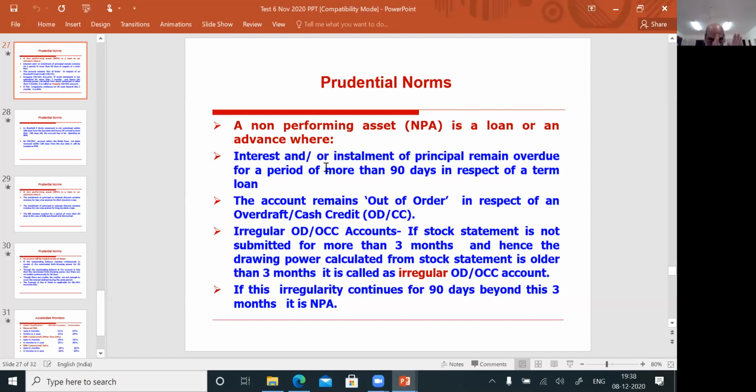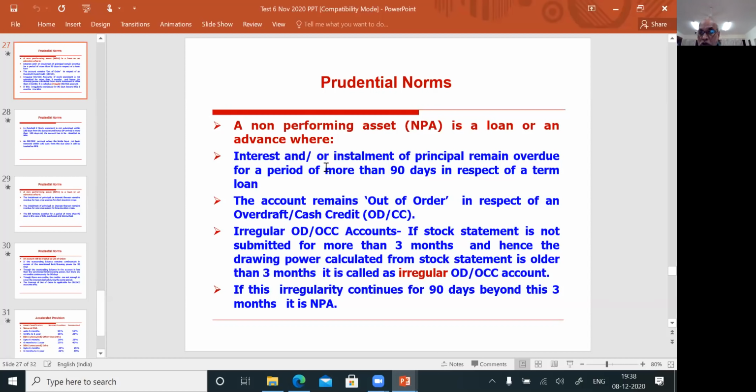If today the stock statement is due, and for the next 3 months the stock statement is not submitted, then at the end of the third month the account will be classified as an irregular account, not NPA. Then it will be classified as NPA if the irregularity continues for a further 3 months beyond the 3 months.